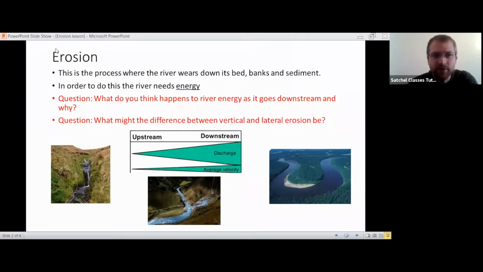So hopefully you've had a little bit of time just to think about what happens to the river's energy as we go downstream. So basically, if we look at the diagram, we can see that up here the river is pretty narrow. As we go further down, we can see that zoomed out, but it's much, much wider.